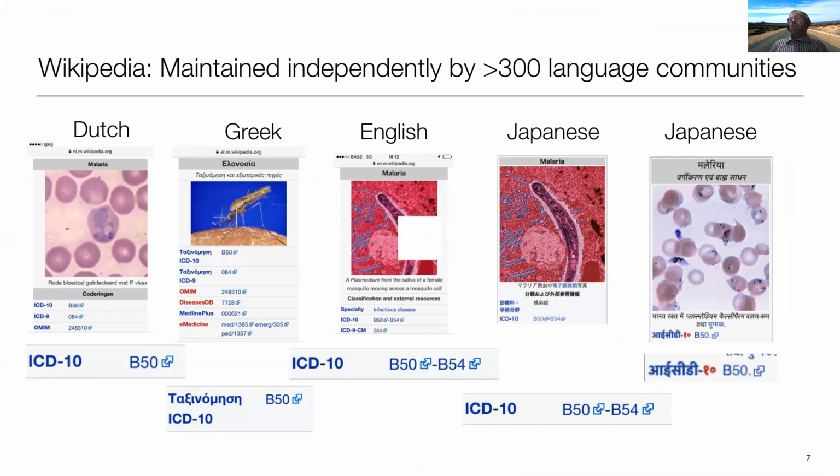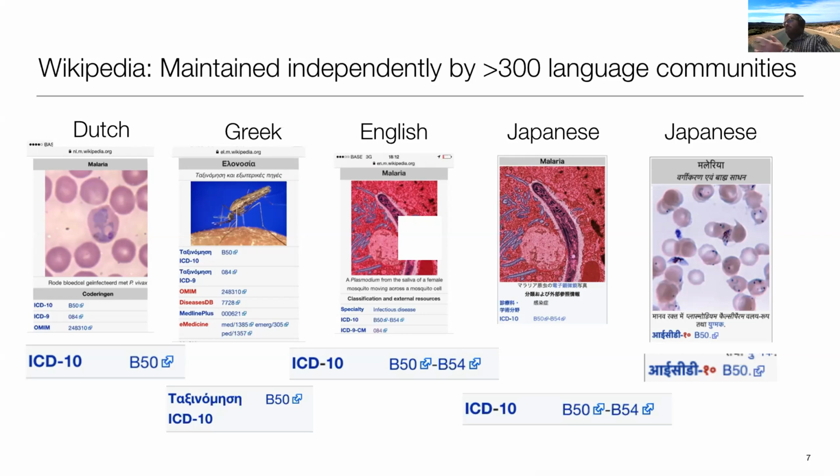Here I have an example of the ICD-10 code for malaria. Depending on the language that you're accessing, whether it's Dutch, Greek, English, Japanese, or sorry, that's an error, it should be Hindi, you'll get different numbers. So the Dutch Wikipedia only mentions B50, whereas the English Wikipedia and the Japanese Wikipedia mention B50 to B54.